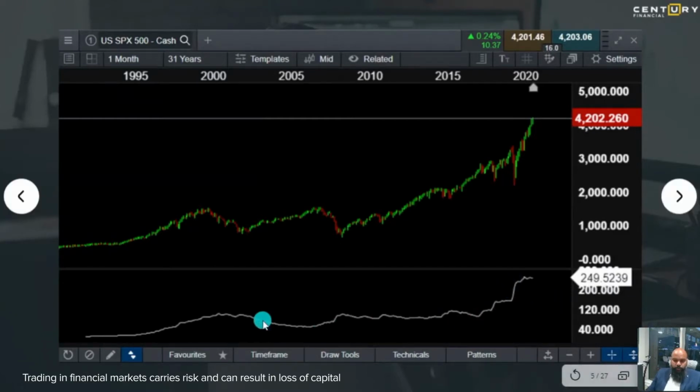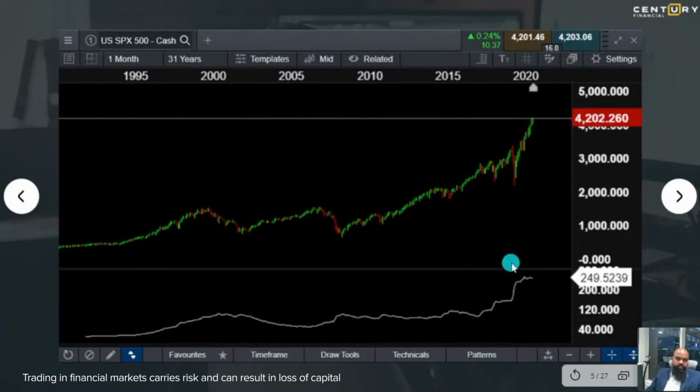Now, this average changes over a period of time. Of late, the movement has become quite high, whereas if you look at it from 2000 till 2015, the average movement on S&P 500 was just about $120.